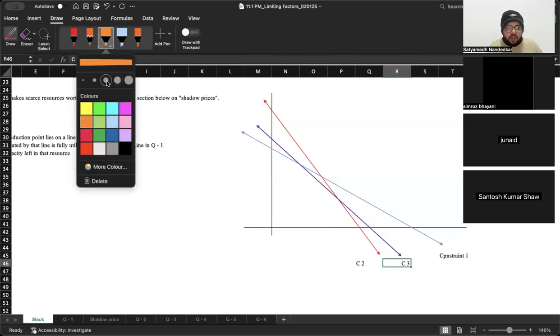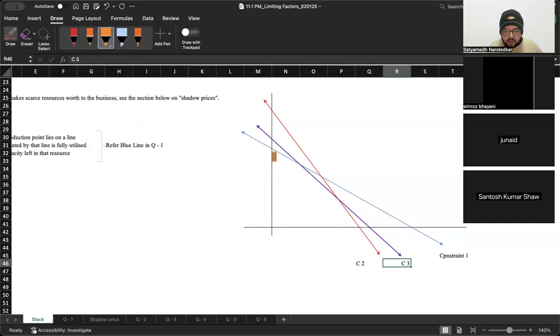The feasible region is on the left. So this is my feasible region. Everything on the left, so this area. This is my feasible region.